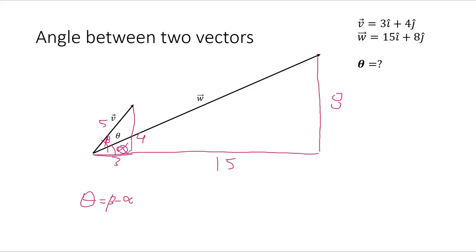Why would I have to do this dot product stuff? Couldn't I just say theta equals the inverse tangent of beta, which was 4/3, minus the inverse tangent of alpha, which was 8/15? That would literally give me the angle between these two vectors, rather than having to go through the dot product property.